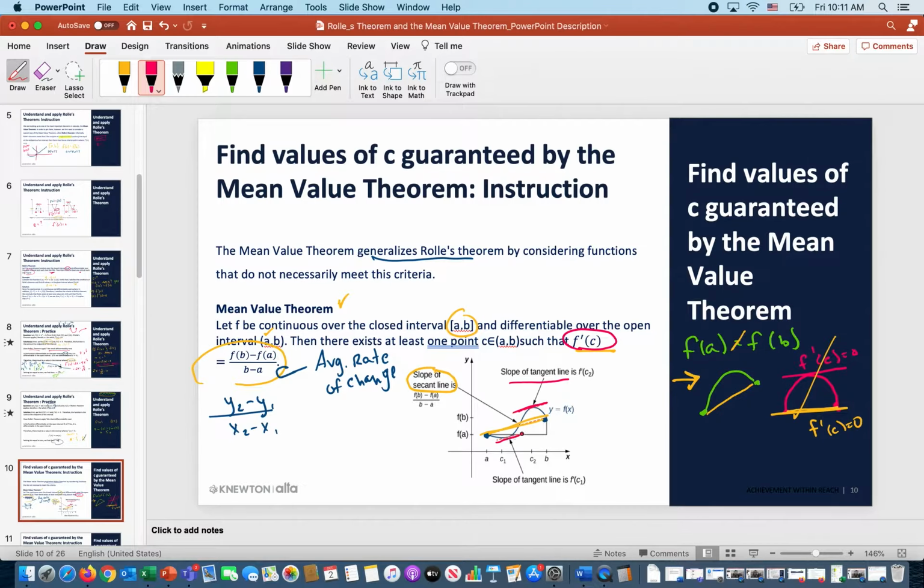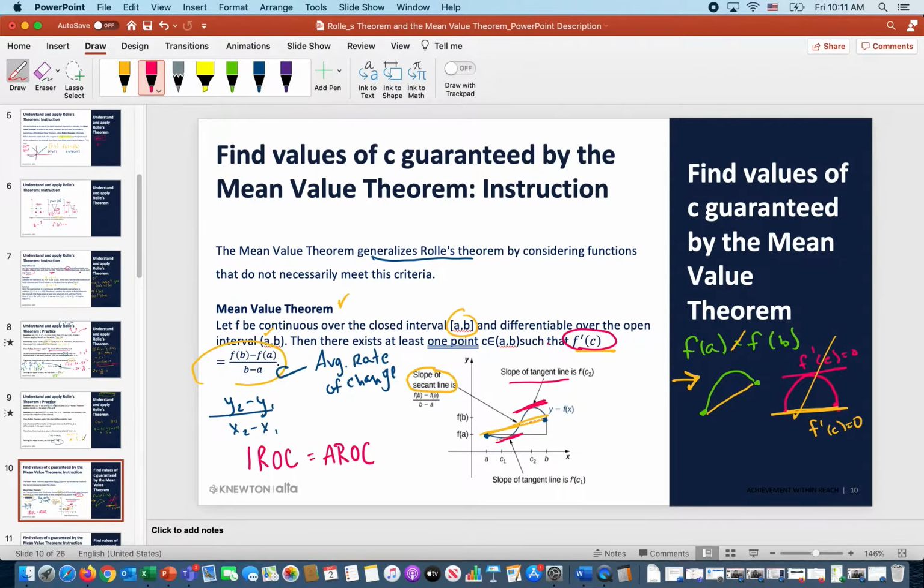This one does as well. So what we're saying is that the mean value theorem guarantees there is a place where the instantaneous rate of change is equal to the average rate of change.